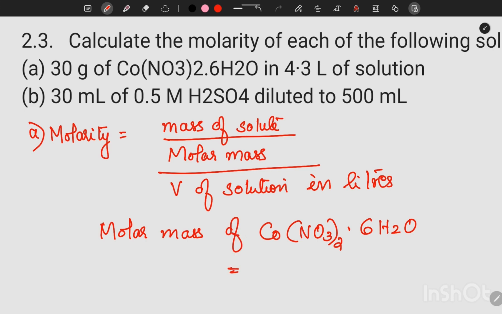So molar mass of cobalt nitrate, cobalt first let us write the atomic mass. Cobalt atomic mass is 58.93. We have 2 nitrogen atom, 2 into 14, 28. We have 6 oxygen atom, so 16 into 6.